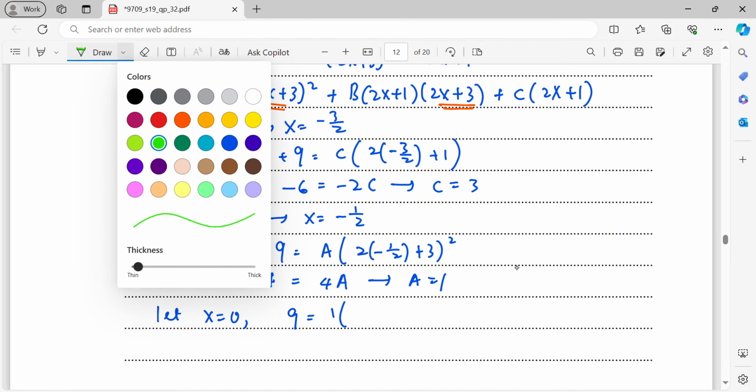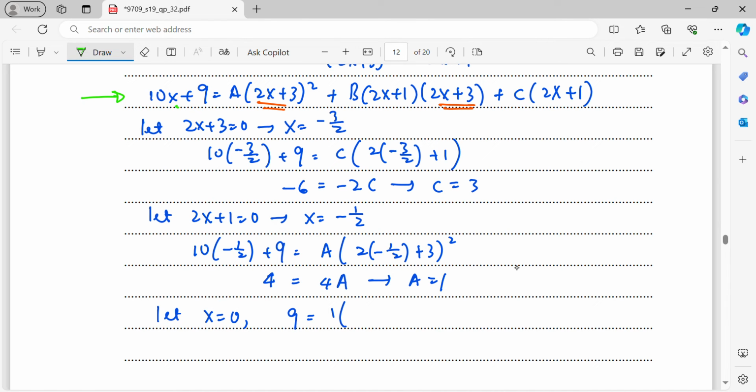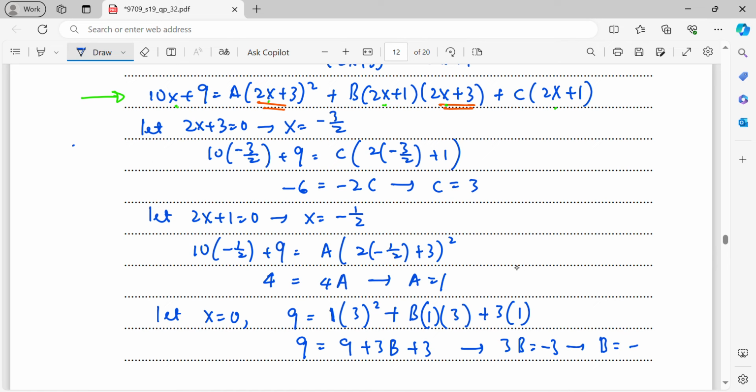Okay, now you refer to this equation and replace the x by 0 for all, and at the same time, replace the unknowns A and C. So I will get 1 times 0 plus 3, which is 3, so 3 squared, plus B is not known, so 0 plus 1, I get 1, 0 plus 3, I get 3. The C is 3, then here is 1. That means 9 equals to 9 plus 3B plus 3. That means 3B equals to minus 3. Therefore, my B is minus 1.